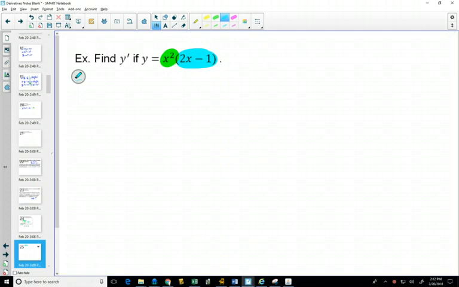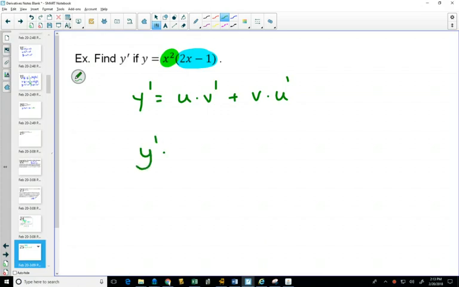So according to our formula, we would keep the first one the same, multiply by the derivative of the second one, then keep the second one the same and multiply by the derivative of the first one. So our derivative is going to be keep the first one the same. What's the derivative of the second one? 2. Plus keep the second one the same. And what's the derivative of our first one?